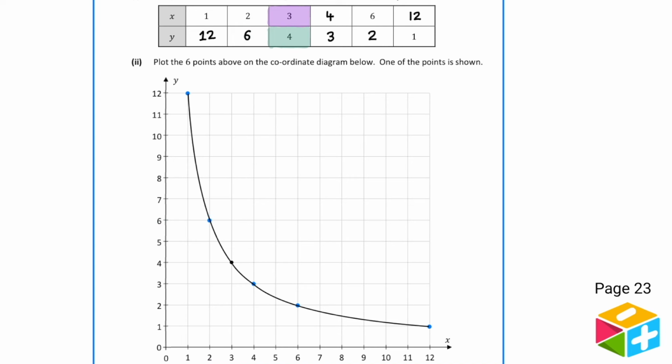The next point, 3, 4, is already plotted for us. After this, we've an x value of 4 and a y value of 3. Next is an x of 6 and a y of 2. And finally, we have an x of 12 and a y of 1. This gives us 6 points plotted on the diagram.